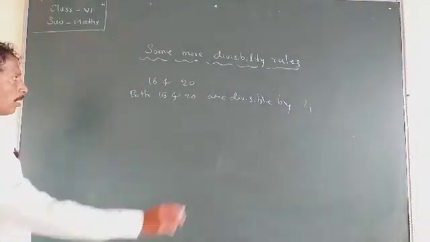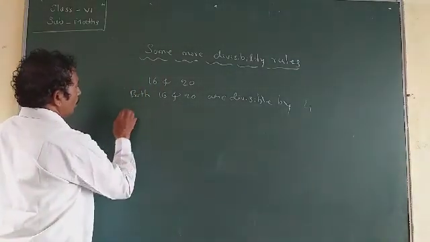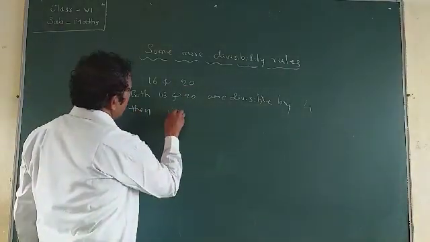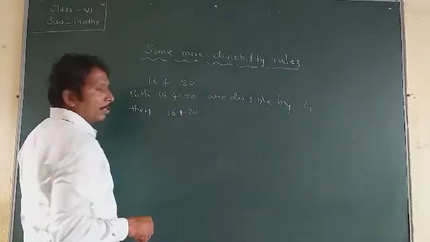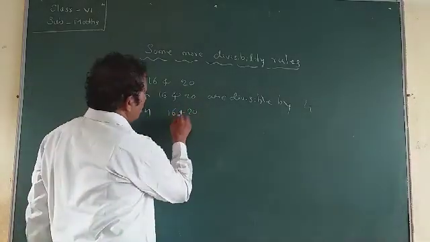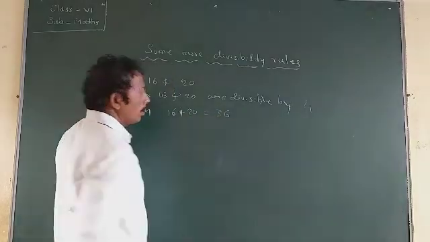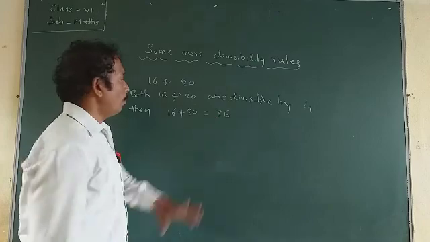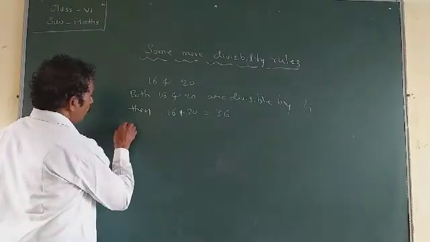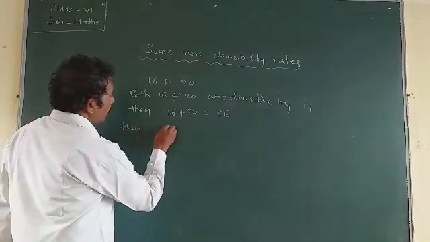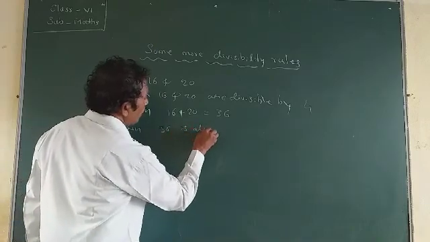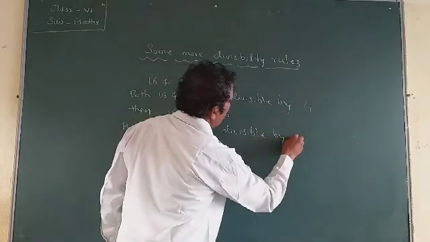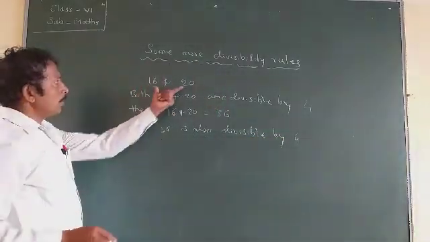Then take the sum of these two numbers: 16 plus 20 is 36. Now their sum 36 is also divisible by 4.